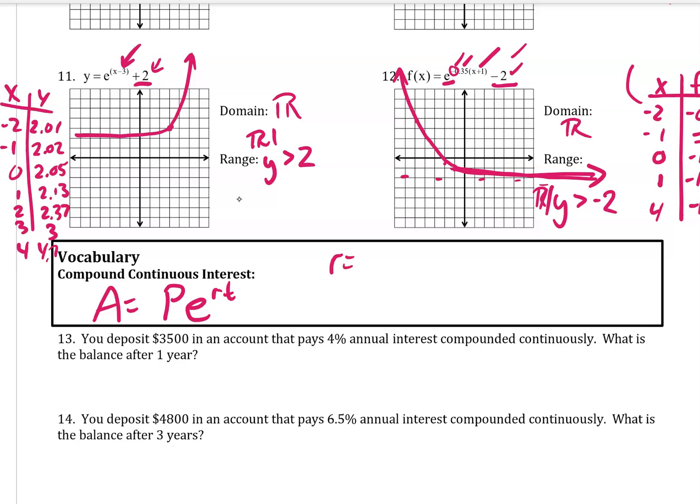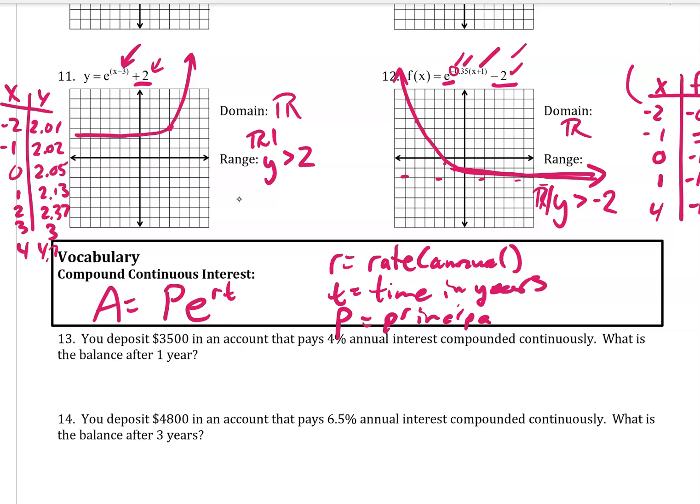R is your rate, your annual interest rate. T is time in years. P is your principal, your initial amount of money that is being compounded upon.